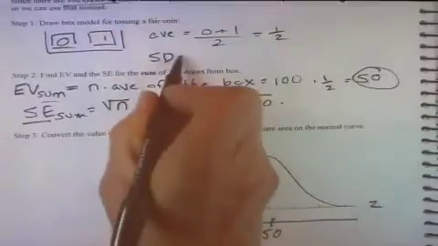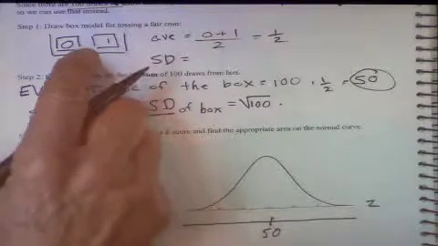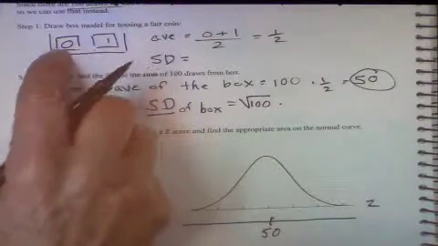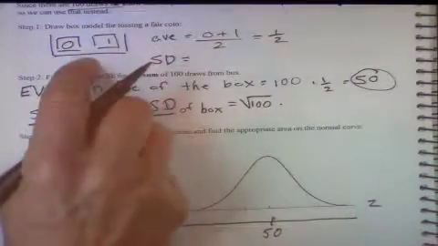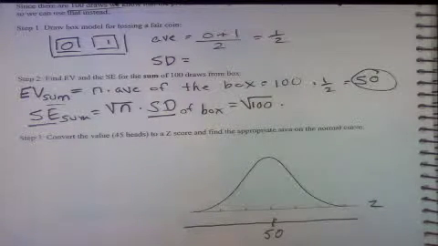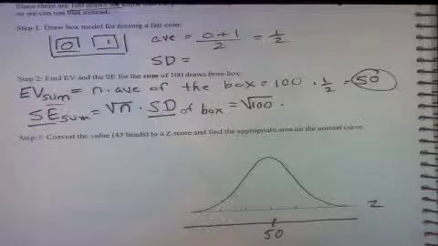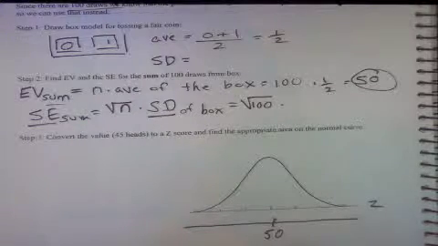Why? Well, because the average is a half and we only have 2 deviations. 0 is a half below a half, and 1 is a half above a half. So the only 2 deviations you have are a half and a half. So your typical deviation has to be a half, right? You only have 2 tickets and they both deviate by a half.